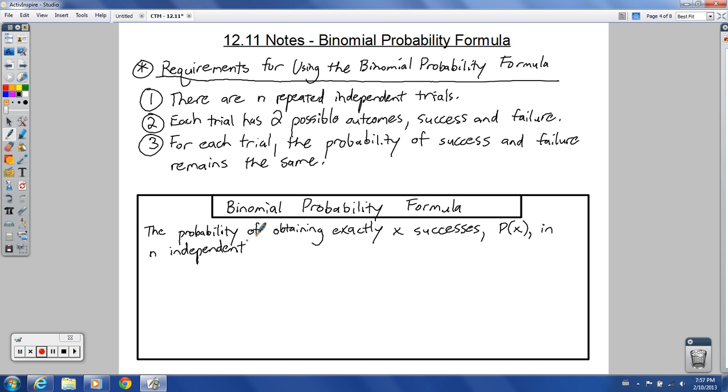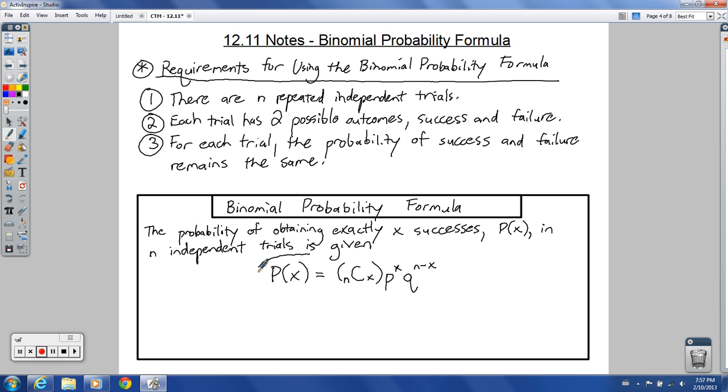It is given by, and here's the most important thing to remember from this lesson, the formula itself. So P of x equals n choose x times lowercase p to the x power times lowercase q to the n minus x power.